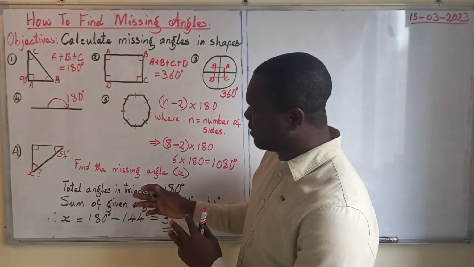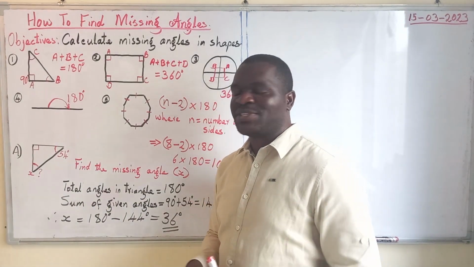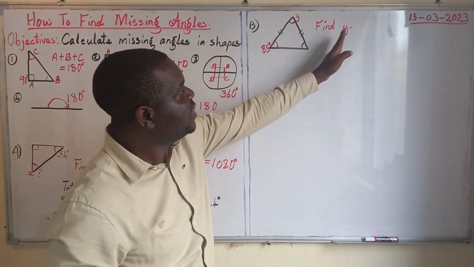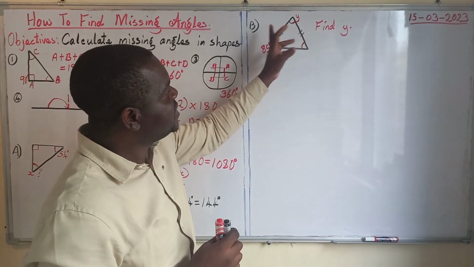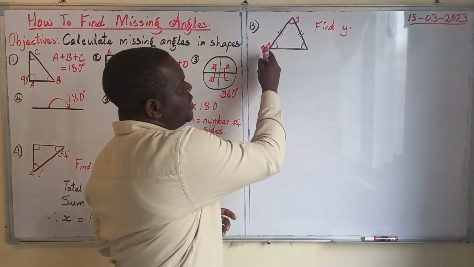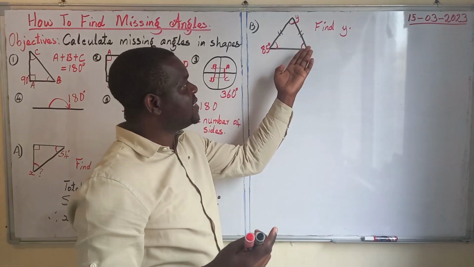So this is how you can find the missing angle in a triangle as such. Let's move to the next question. This is a triangle, and here we are asked to find y. One thing we should take note of is that two sides of this triangle are equal. So how do we find the missing angle, y, whereas there are two missing angles?